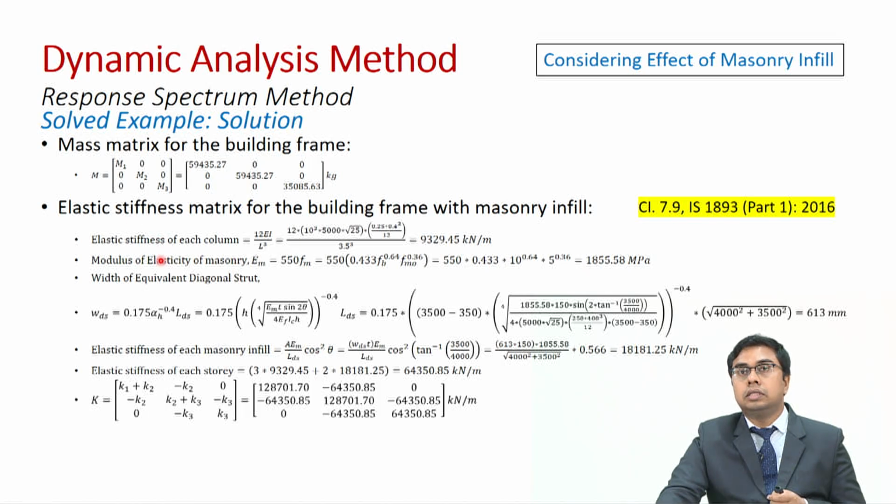So, here the elastic stiffness of each column is found out in a very similar manner, and then the elastic stiffness of each masonry infill is also found out using the expression mentioned over here. And if you recall from lecture 2.5, we have a great description of how to find out the elastic stiffness of masonry infill.